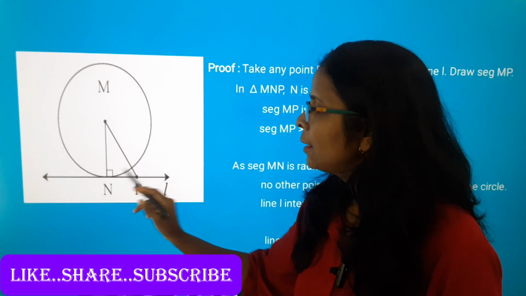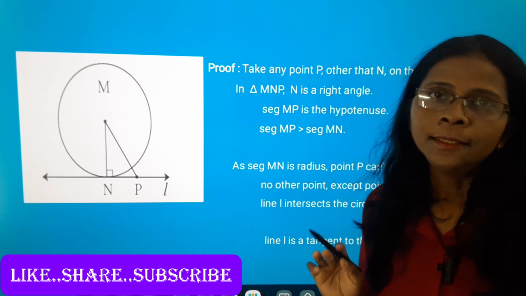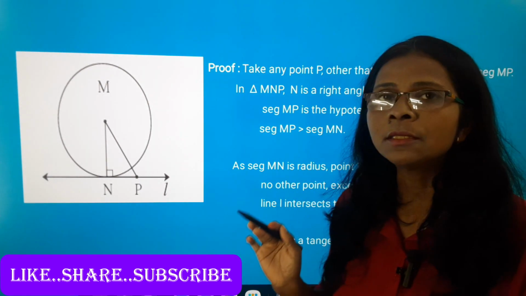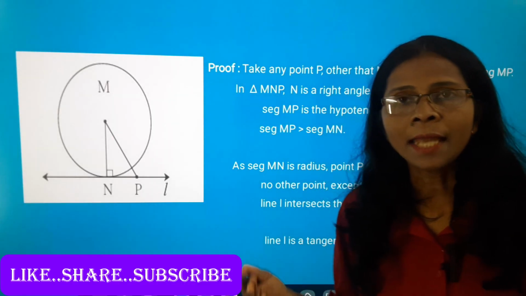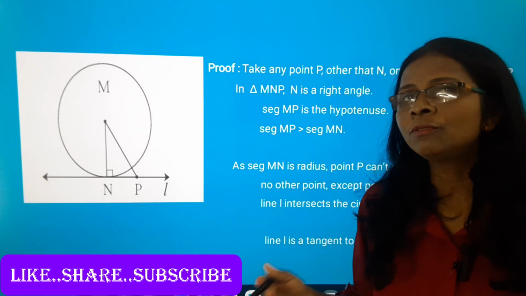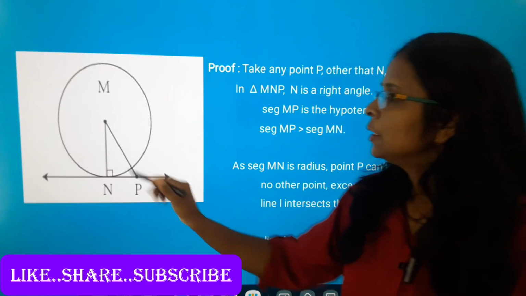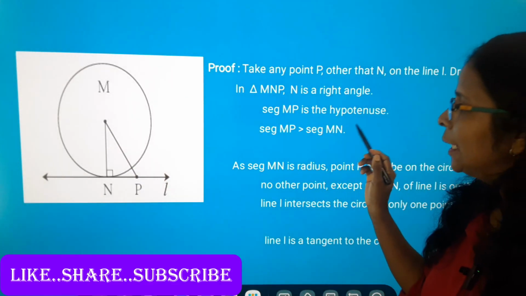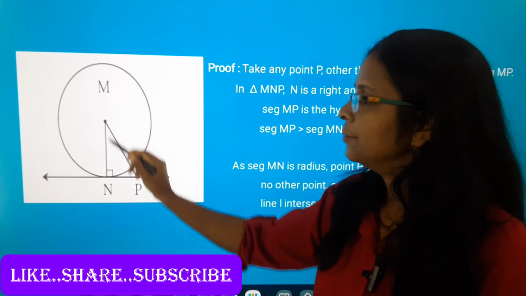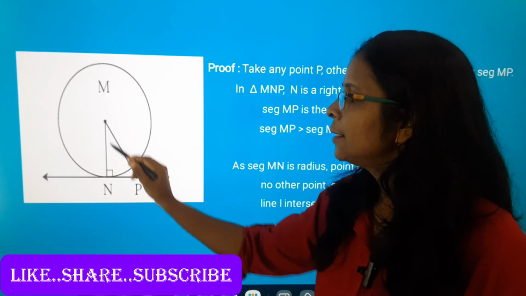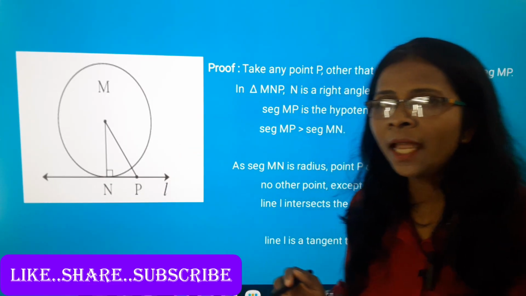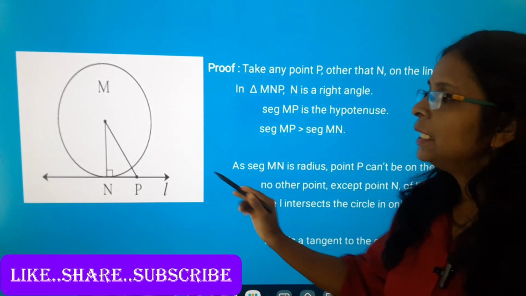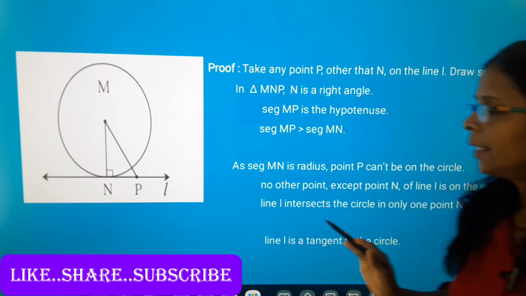NP and MN are the sides forming the right angle. In a right angle triangle, the hypotenuse is the largest side, so MP is greater than segment MN. And MN is the radius, so MP is greater than the radius.